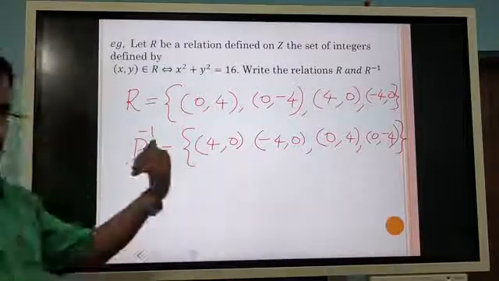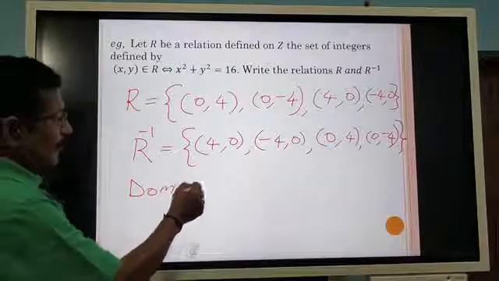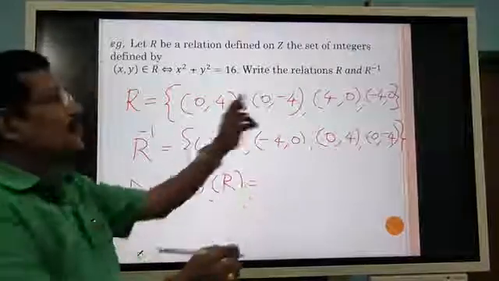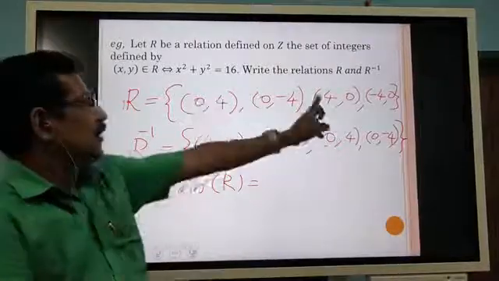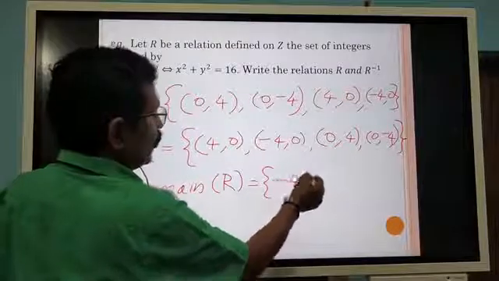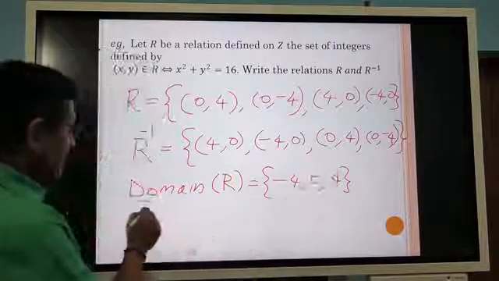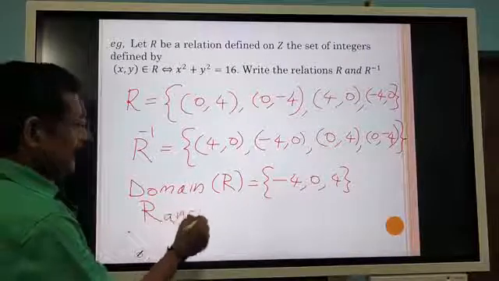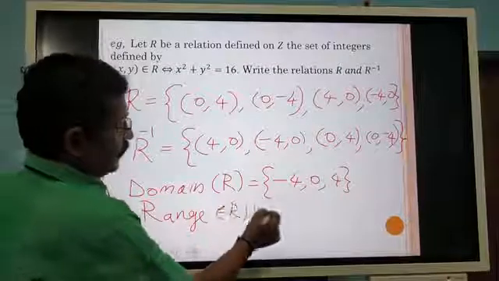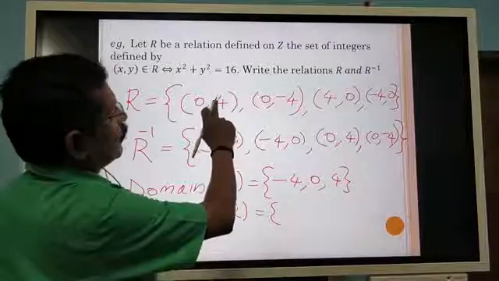And here, what is the domain of R? Domain of R is the set of first components. The first components are 0, 4, minus 4, so we can write it as minus 4, 0, 4. And what about the range? Range of R is the set of second components, and the second components are 4, minus 4, 0.